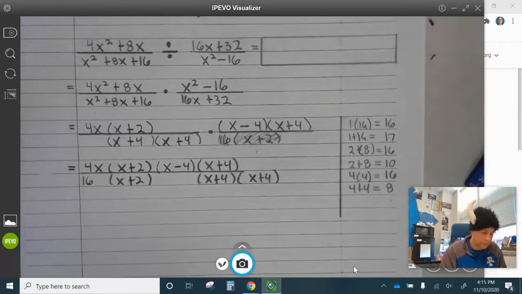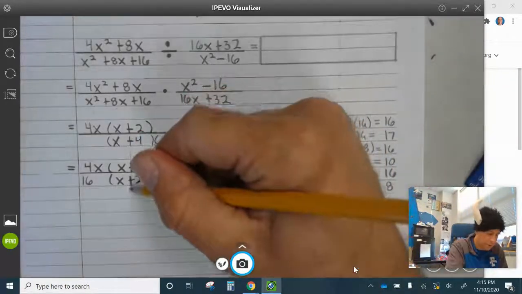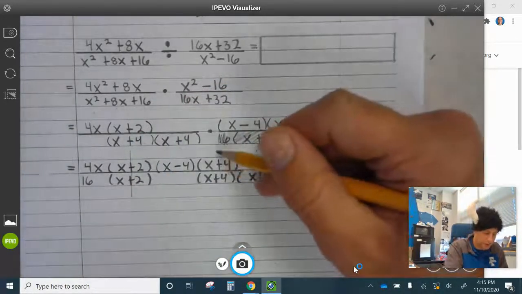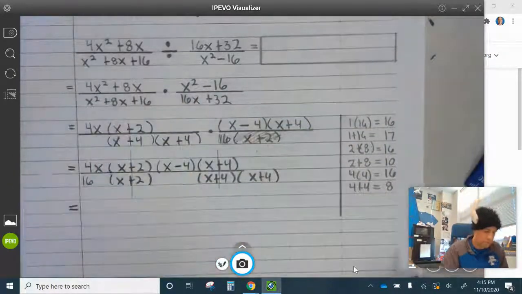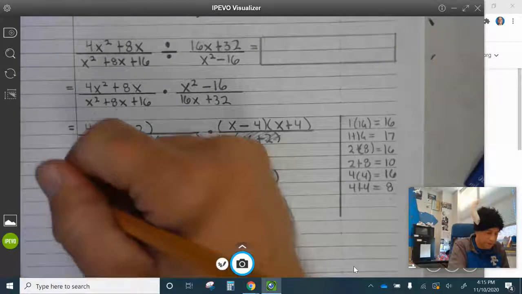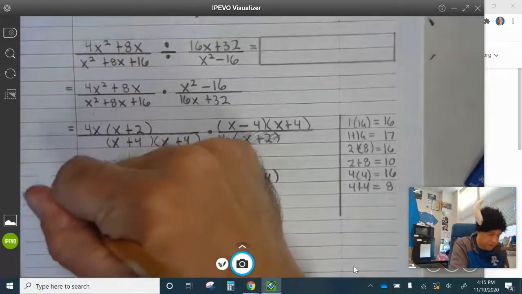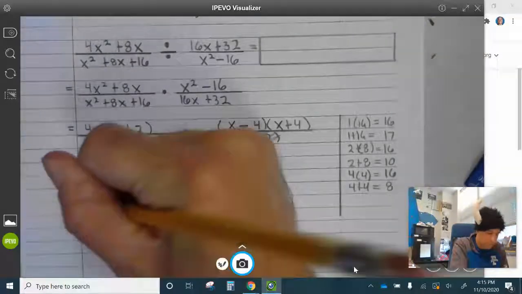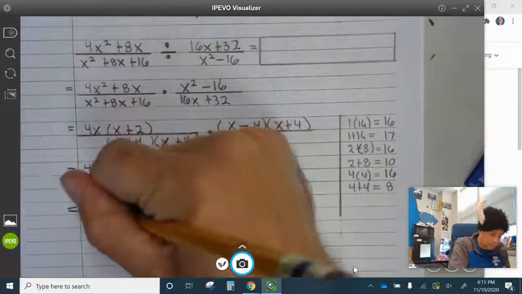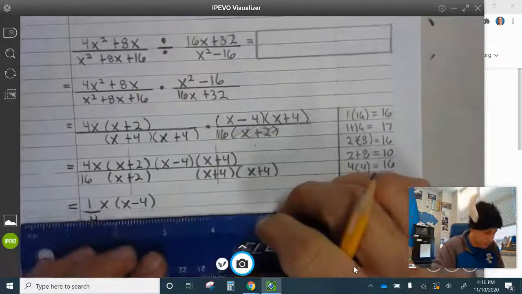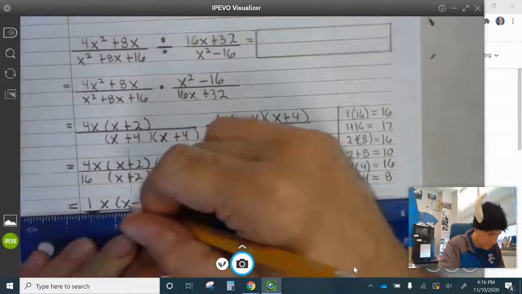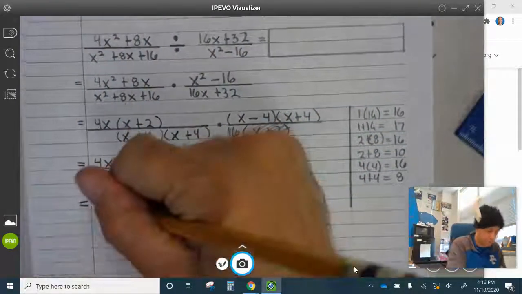So this divides and becomes 1. This divides and becomes 1. So 4 divided by 16 is 1/4. So that's 1/4. We have x times x minus 4 divided by x plus 4.